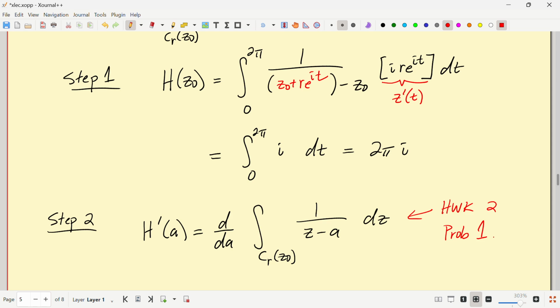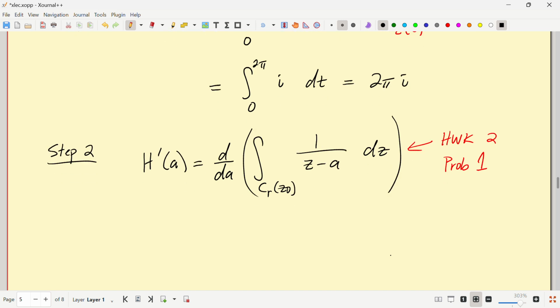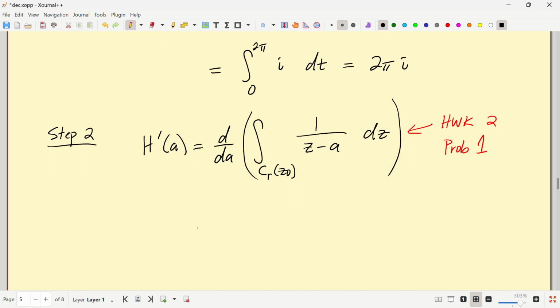The derivative of that thing I can calculate by differentiating under the integral sign. It would be the integral, z to the minus 1, so a minus 1 would come out.